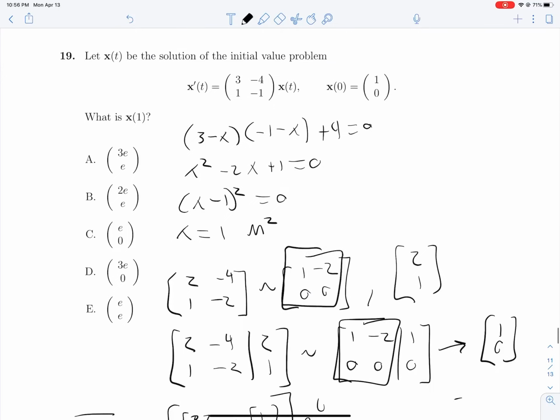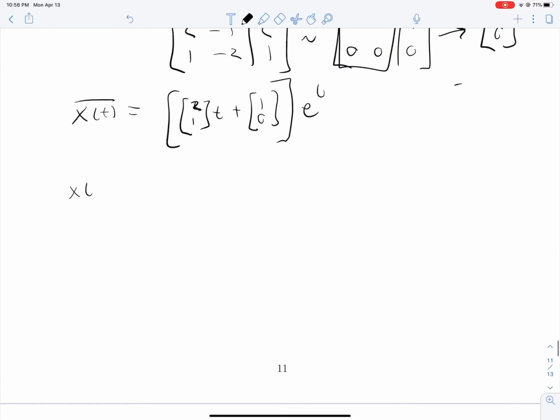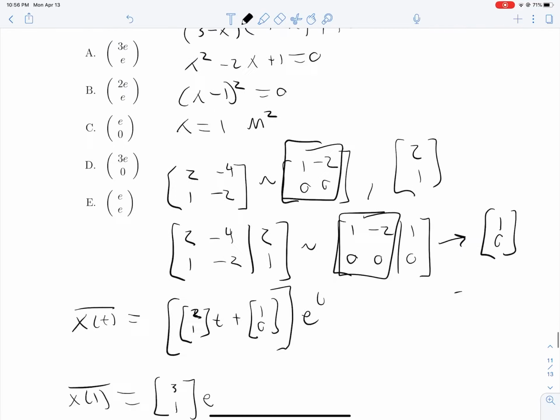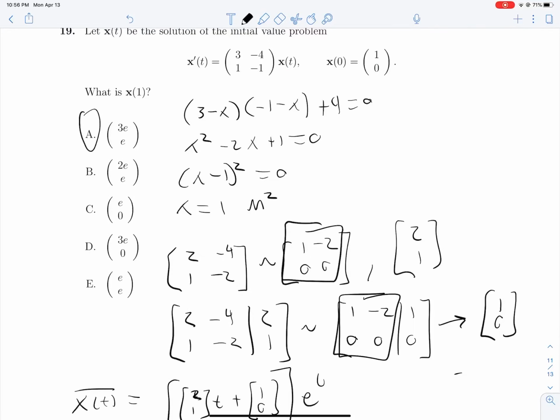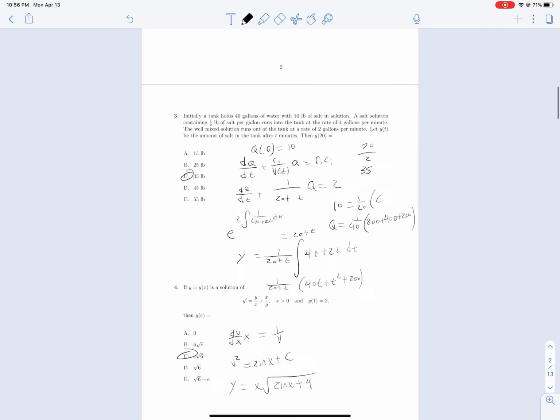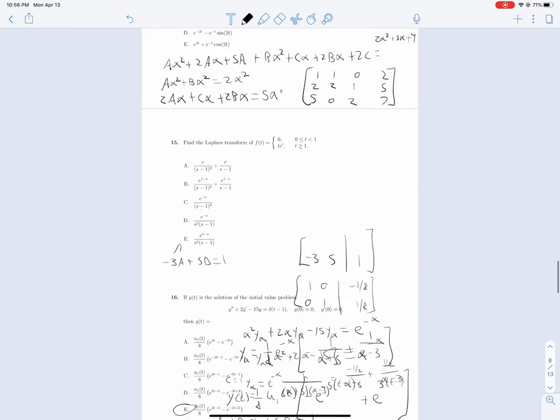They want x at 1. So x at 1 is 2, 1 plus 1, 0, so 3, 1 e to the 1. So 3e and e. A is our answer for 19.